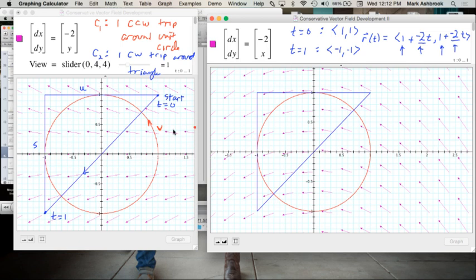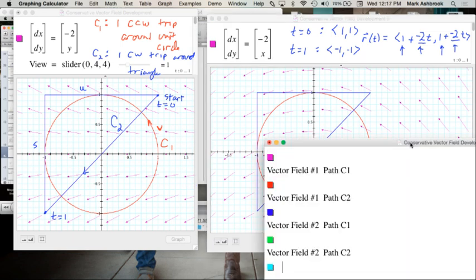So use V for C1, S for the second leg of C2, and U for the third leg of C2. This is C1, and the blue one is C2. So finish parameterizing C2 and parameterize C1, and get your limits of integration, and then we'll go from there.